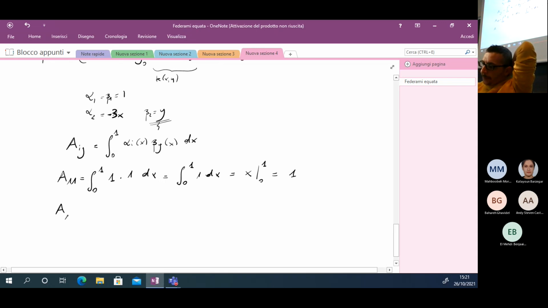What's a12? A12 is the integral between 0 and 1 of alpha 1, which is 1, times beta 2, which is in this case x, in the x. So it's the integral between 0 and 1 of x in the x.